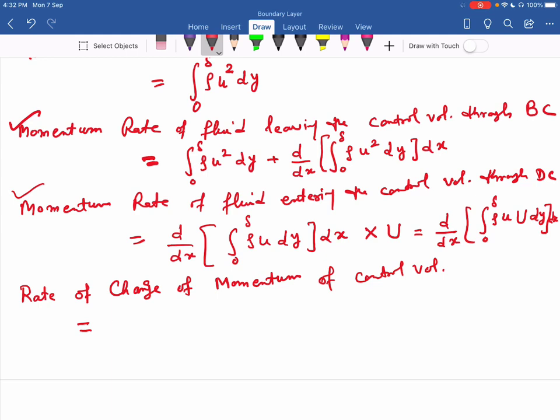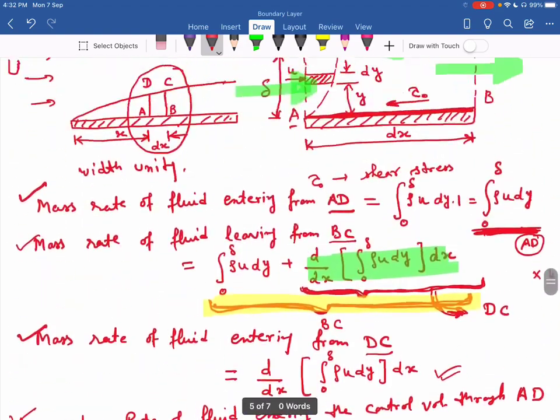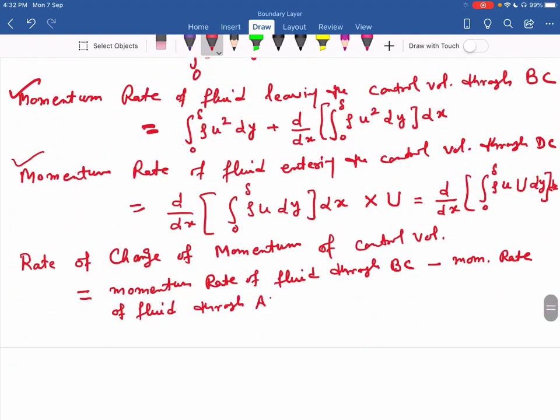So I can write it as momentum rate of fluid through BC, that is the leaving part, minus the entering part, momentum rate of fluid through the entry AD, then again minus momentum rate of fluid through DC.